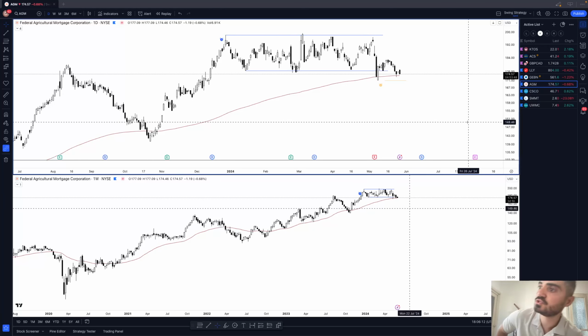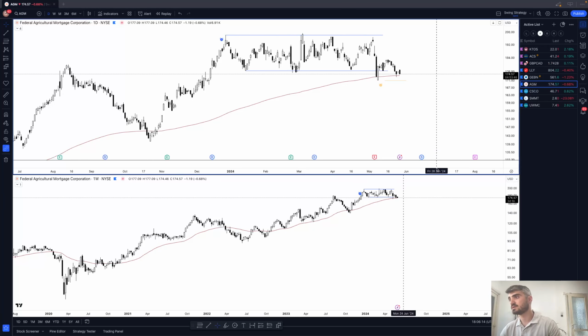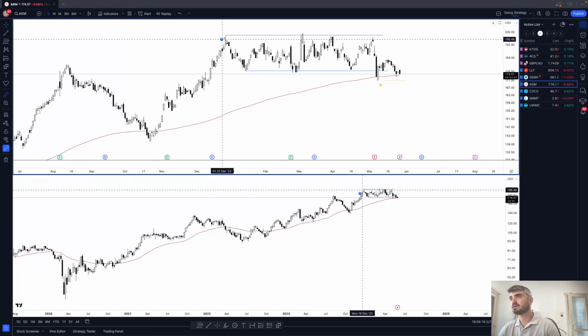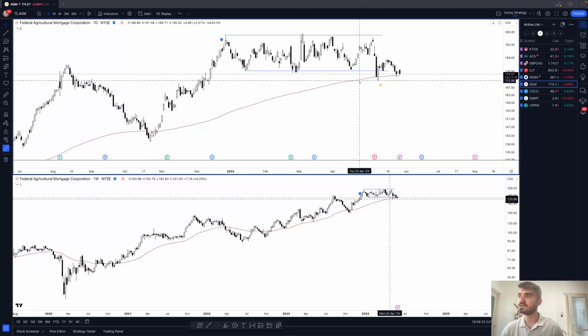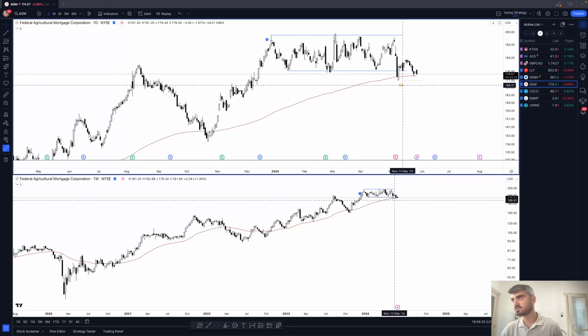Okay, AGM, another very good looking setup. It's a tight rectangle. According to the textbooks, guys, if the rectangle is between 10 to 15% of the underlying asset price, we are likely to see double the measured target.